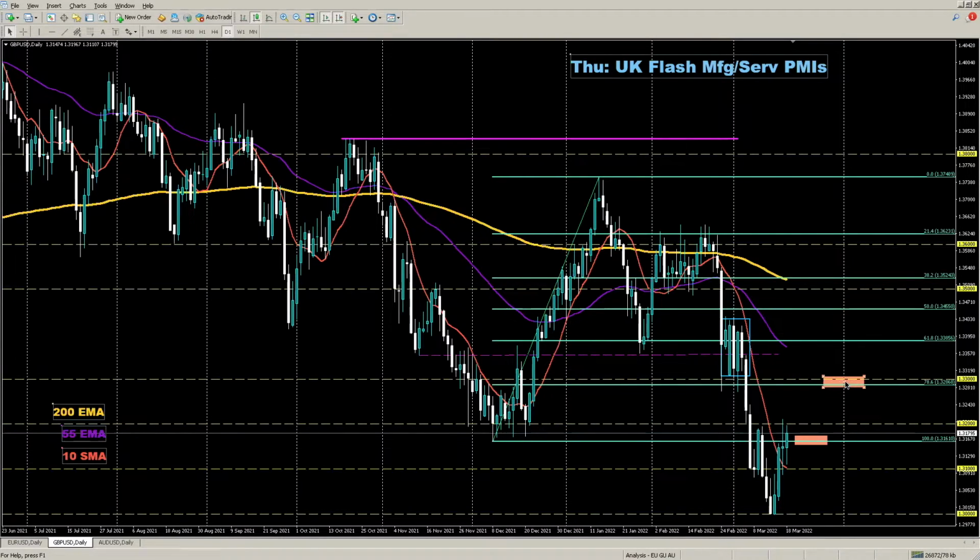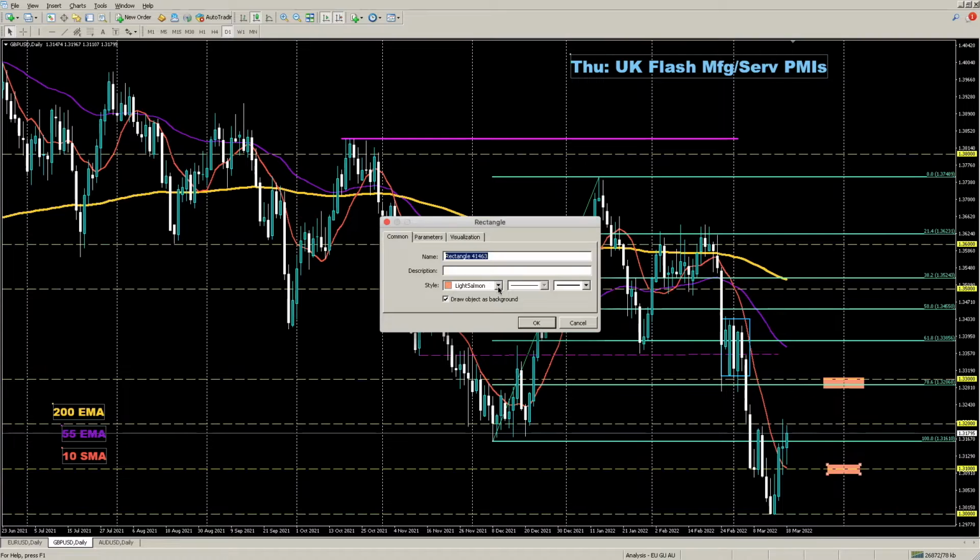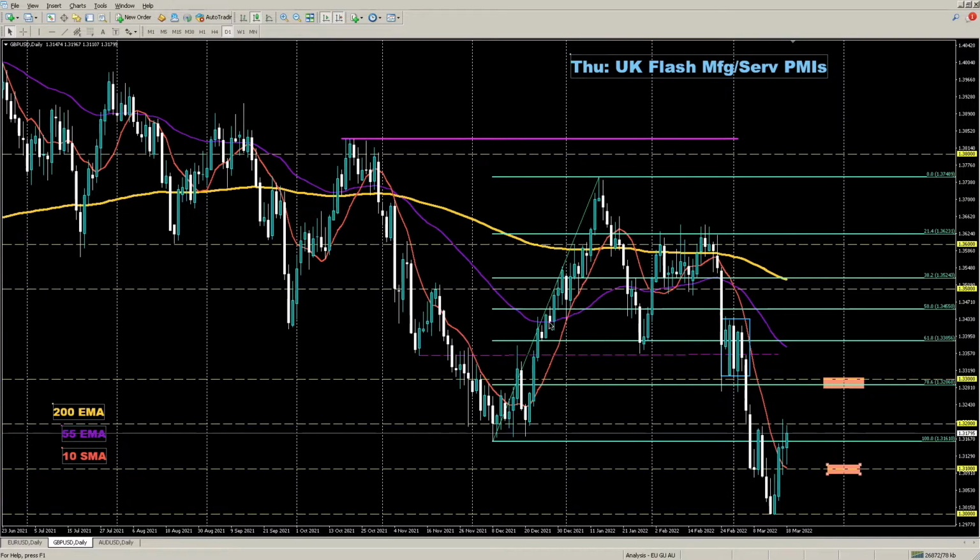So these are significant resistance levels. This is now intermediate area. This is the likely intermediate support now, at 131 and at 130.